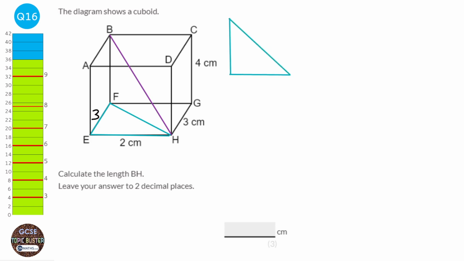And we've got EF is 3, EH is 2, and let's look for FH. Okay, so FH will be the one we're looking for. Now, it's a right angled triangle. You've got 2 lengths, you're looking for the third length. It's definitely going to be Pythagoras. So it's going to be FH squared equals EH squared plus EF squared.